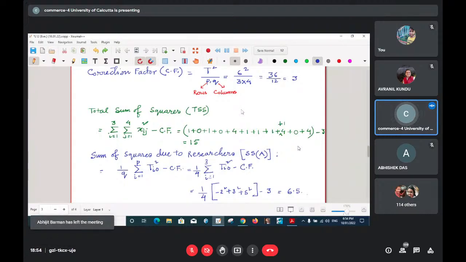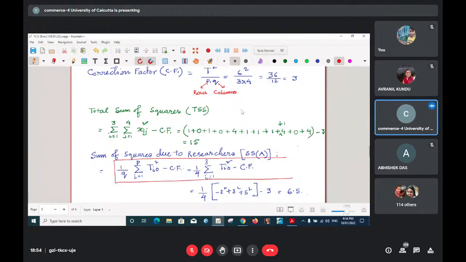Please carefully note this formula. This is a very important one. I hope you can understand it. 1 divided by Q, that means divided by columns, summation i goes to P, T naught i square, minus correction factor.